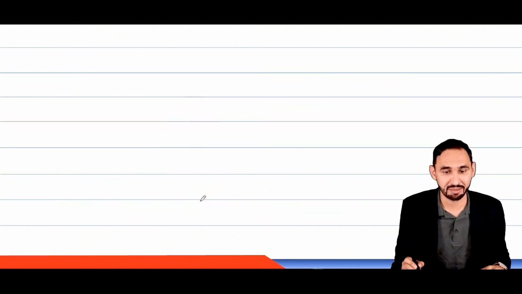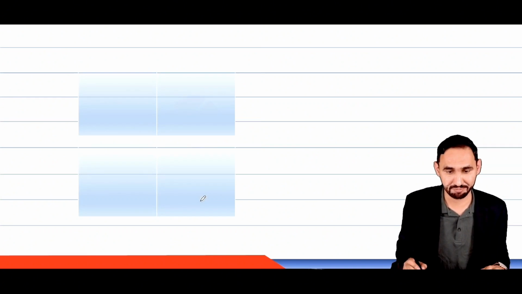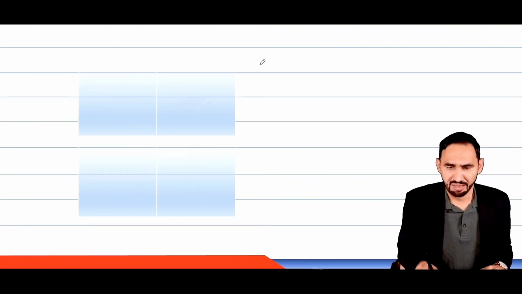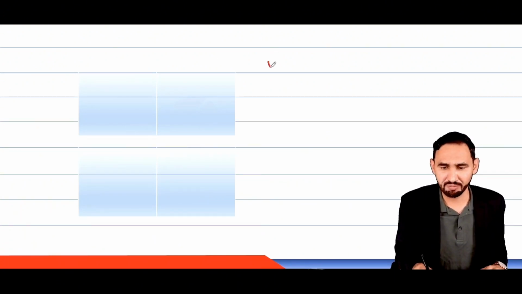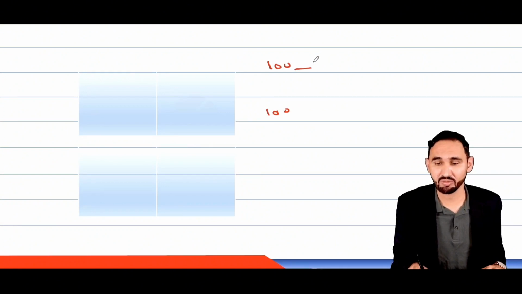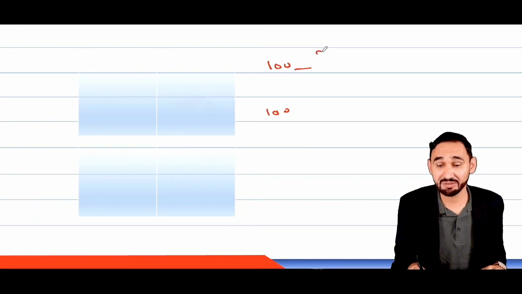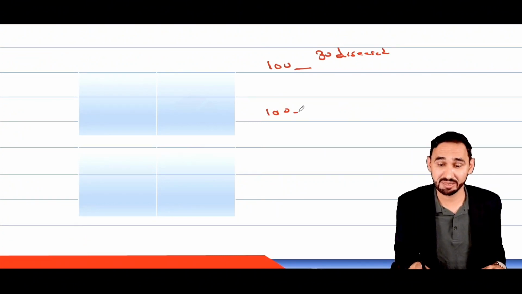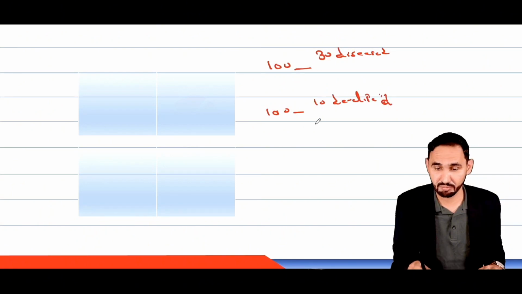So let's measure them. Suppose 100 people were exposed to smoking, 100 were non-exposed. Among those 100 who were smoking, 30 developed lung cancer. And among 100 non-smokers, 10 developed lung cancer, 10 developed the disease.